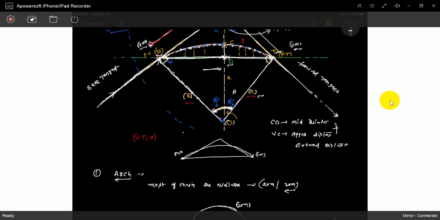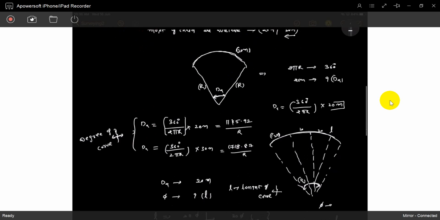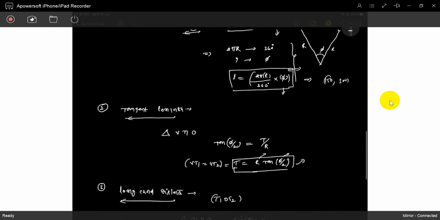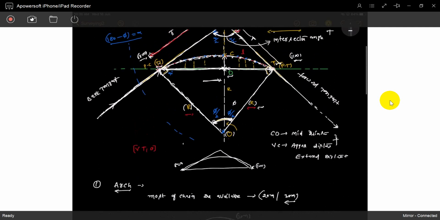So in this triangle T1 D O, we can calculate sine phi by 2. How much is T1 D divided by R?